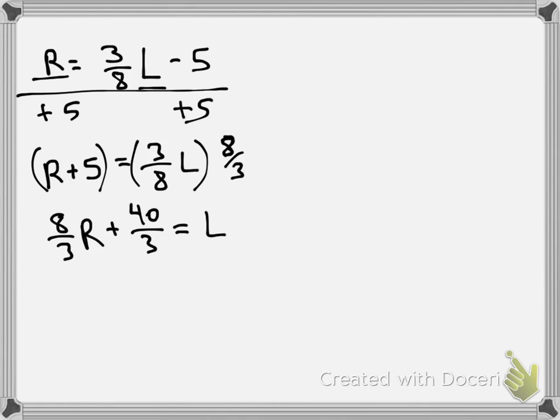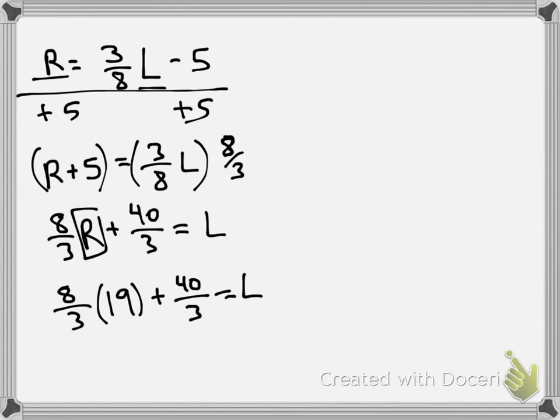That last part there wants you to find the length at which the band provides 19 pounds of resistance. So if you're doing 19 pounds of resistance, all you're doing is plugging in 19 for this r up here. So in doing that, you get 8/3 times 19 plus 40 over 3 is equal to L. So that's going to be your length.